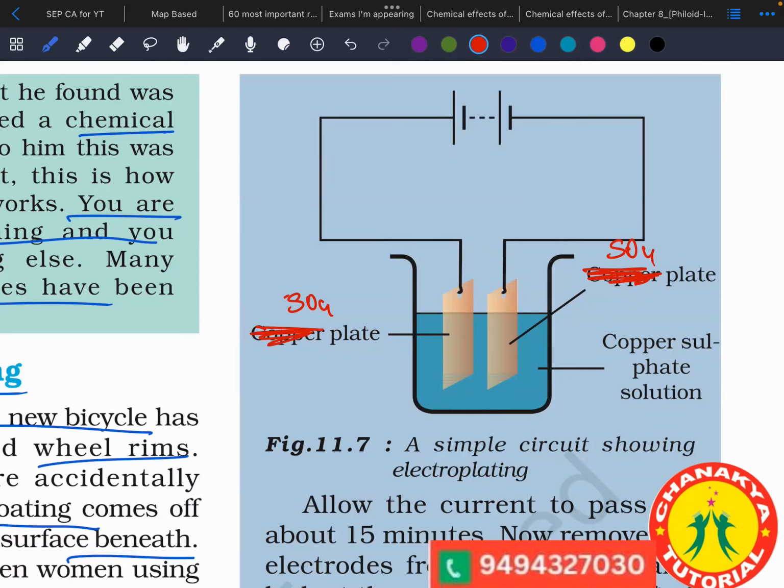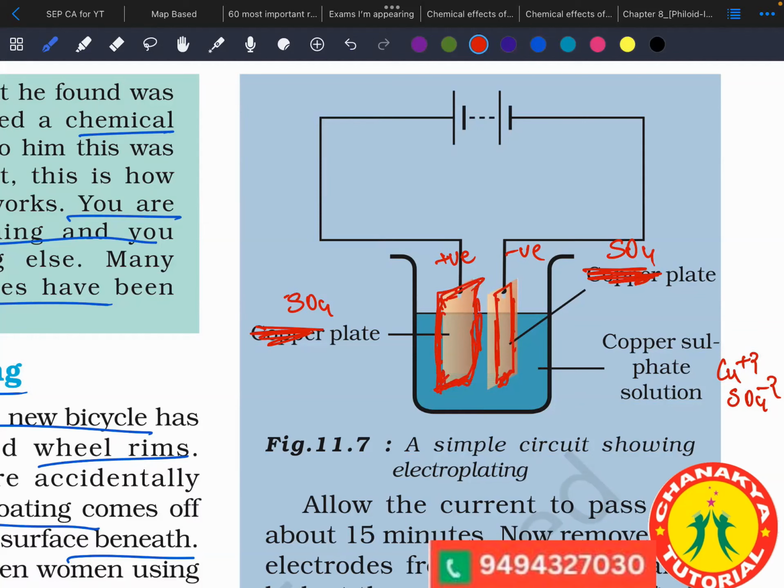So this will break down into Cu plus 2, SO4 minus 2. The SO4 minus 2 will be deposited on the positive terminal. The SO4 which is present on the negative terminal will break down, become small, and get deposited on the positive terminal.